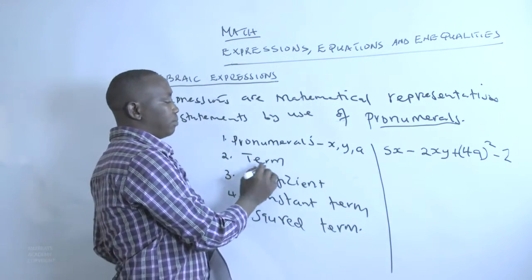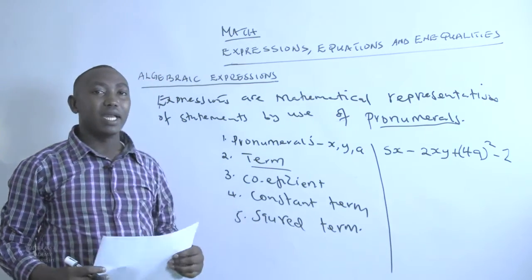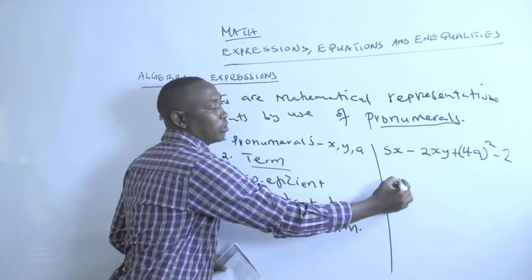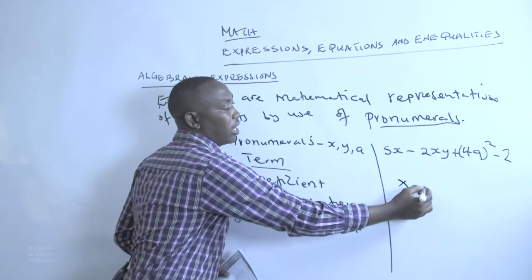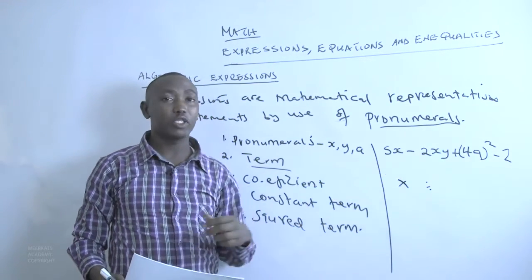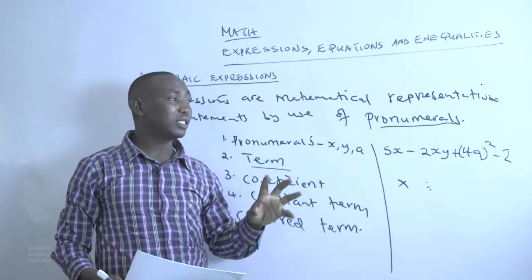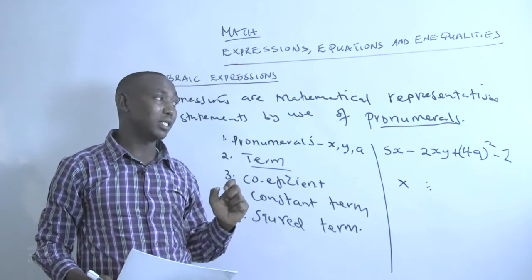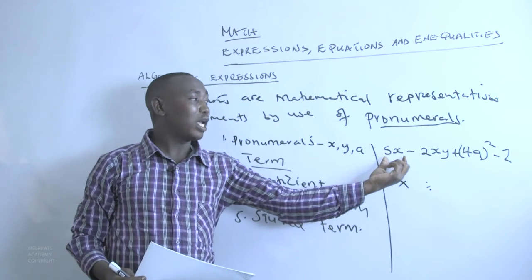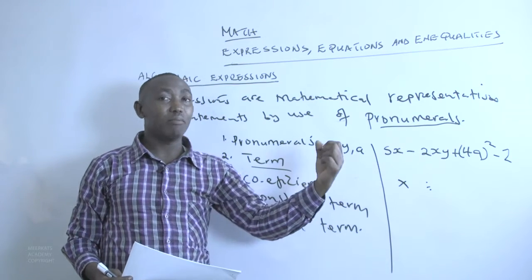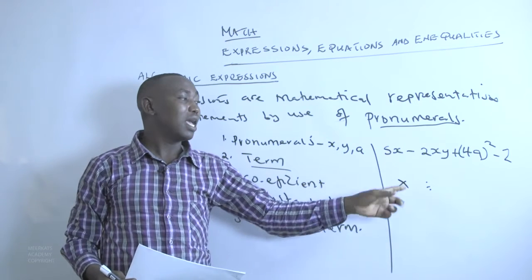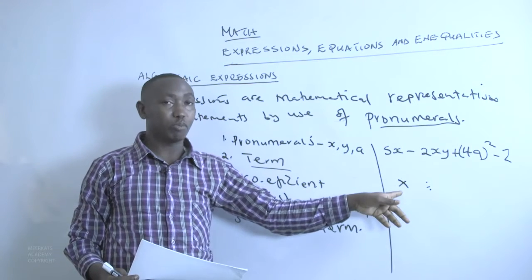A term. A term is normally connected by use of either multiplication or division. And in this particular algebraic expression, there are several terms. If we look at this first term, 5x, we can say that 5x is a term because it consists of pronumerals and numbers, and they are connected by a multiplication.